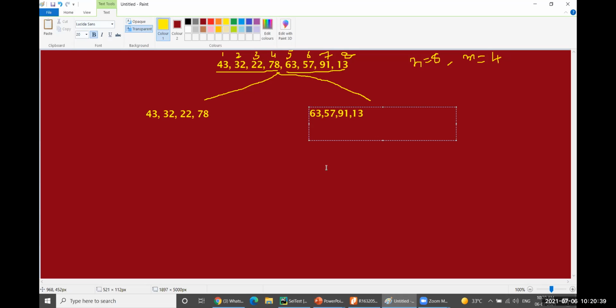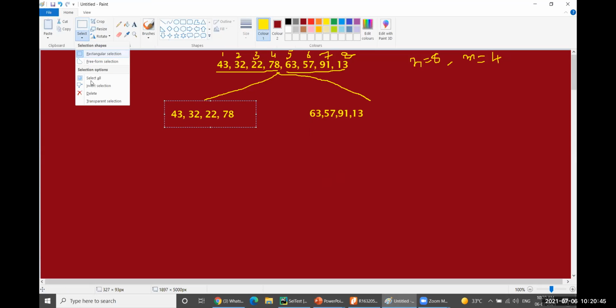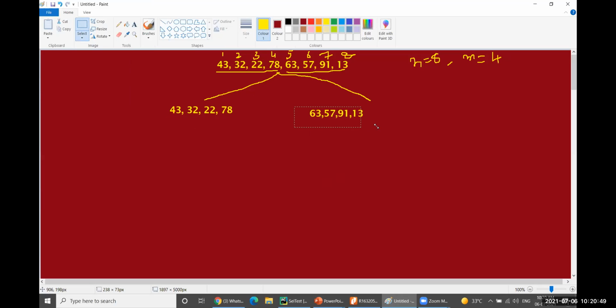These are the two sublists available with us. You need not write the index values; directly you can take this.